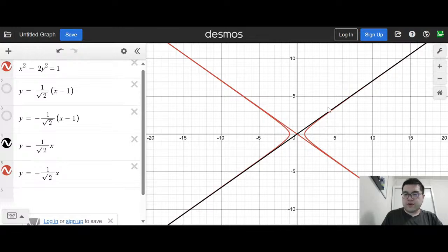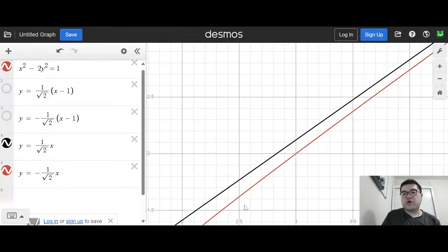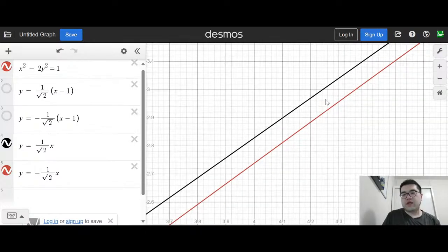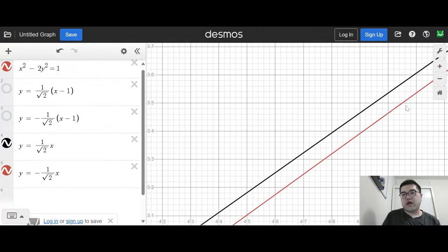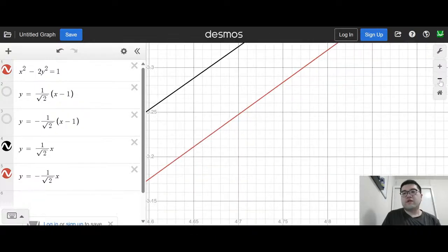Anyway, if we look at these two asymptotes and try to zoom in, we can kind of see that, of course, when it's close to the origin, it will not cross the curve. But even if we try to approach infinity on whatever end we have, we still see that it will never touch.